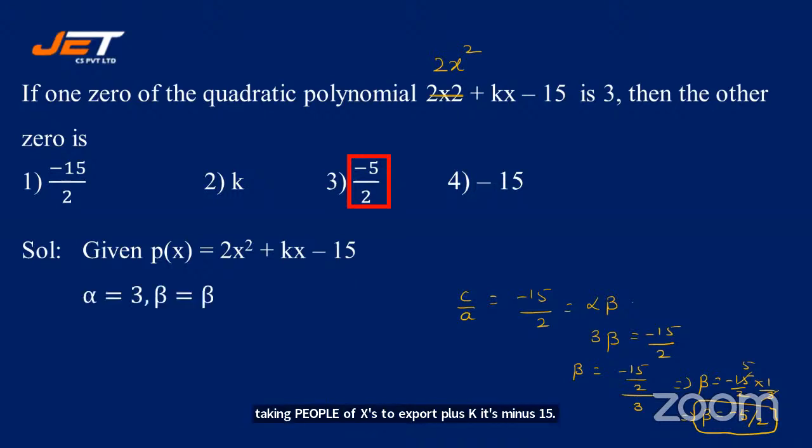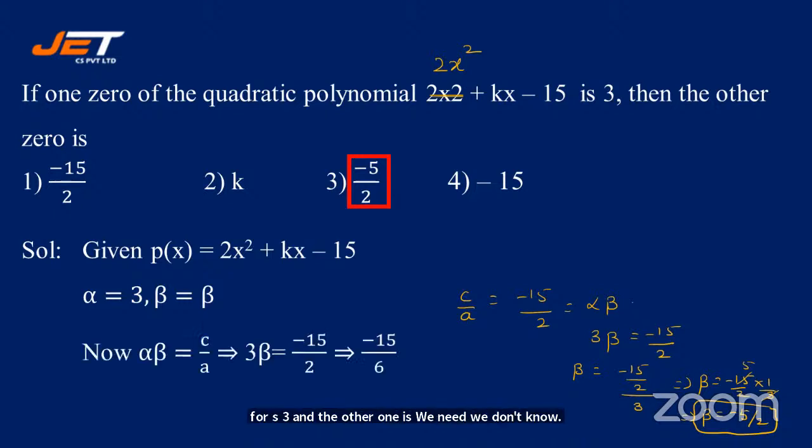So alpha is 3 and beta is the other zero. They are saying one zero of the quadratic polynomial is 3, so you take alpha as 3, and the other one we don't know, so we just take it as beta.